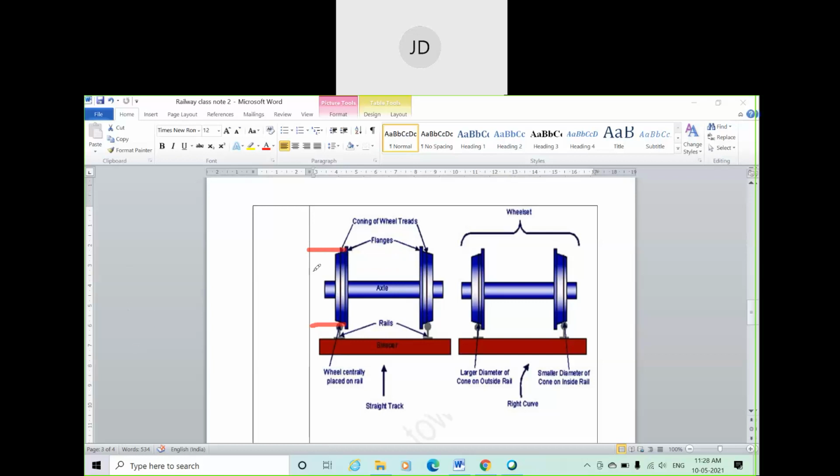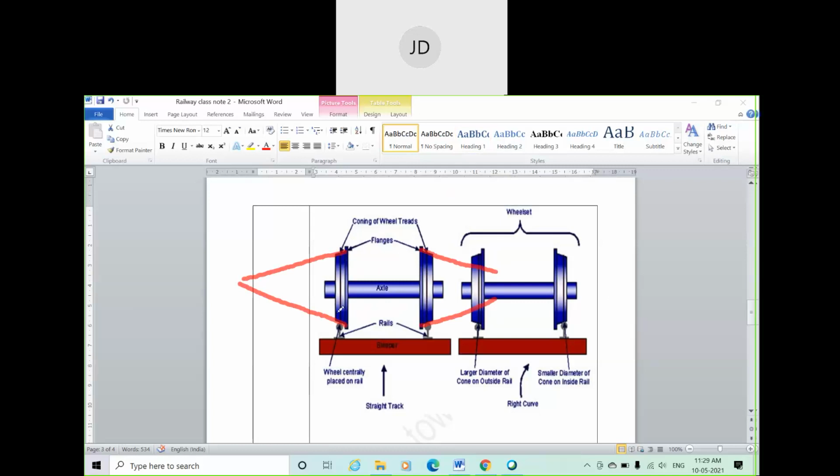So it is not given as horizontal or plane. It is given as a cone. How is it coned? It's given in this direction. Can you see? Even if I extend this part like this, can you now visualize this?